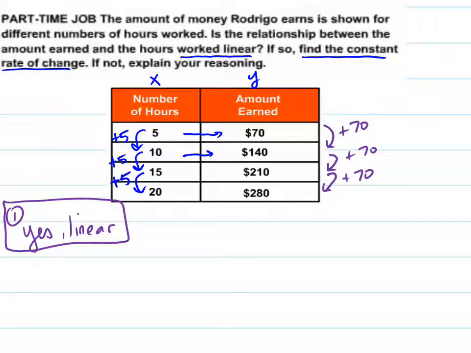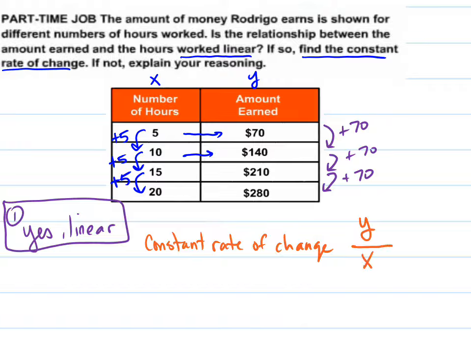The second thing they asked us is to find the constant rate of change. And now because it is linear, we can find the constant rate of change. And to find the constant rate of change, we are going to take my Y, which is the change in the amount earned, divided by the number of hours, which is X. So Y is going to be the change in amount earned, which is 70, divided by 5.